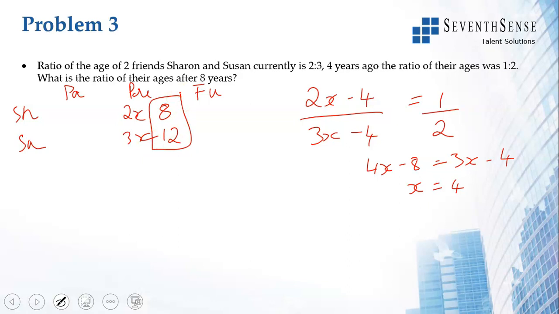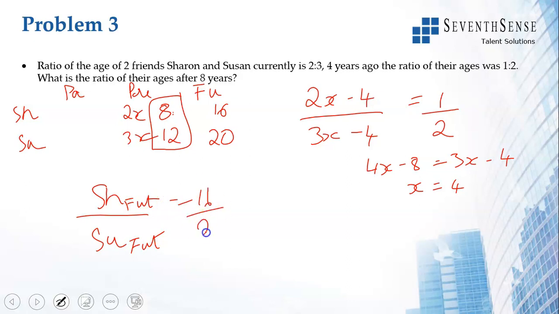In the future, 8 years later, if this is 8, this would be 16. If this is 12, 8 years later, this would be 20. So Sharon and Susan in the future would be 16 by 20. You divide it by 4, you get 4:5. So the ratio after 8 years will be 4:5.